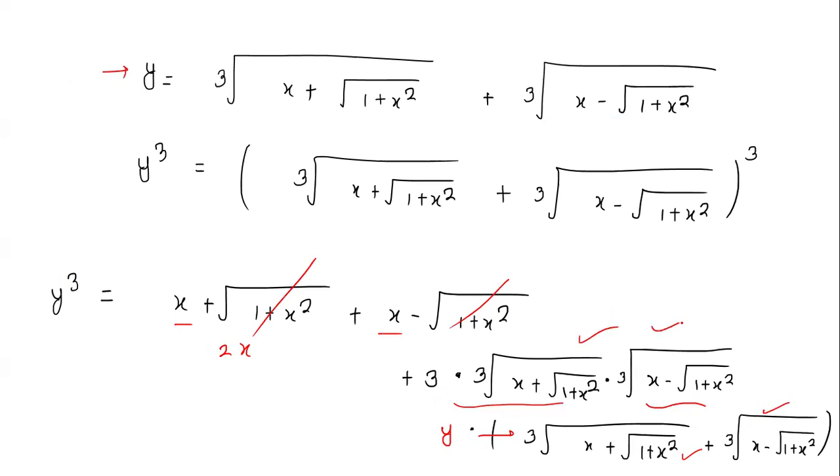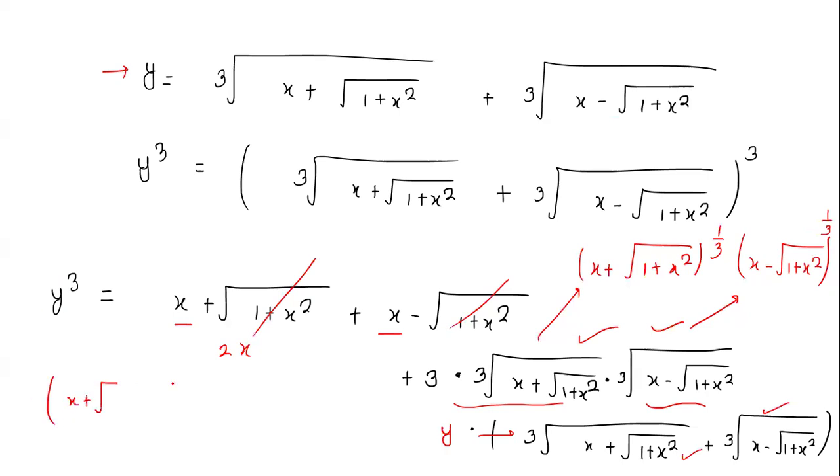Now we have this product. So you see, this expression I can write as x plus root of 1 plus x square power 1 by 3, and this expression I can write as x minus root of 1 plus x square power 1 by 3. Now this you can also write as the product of these inside, whole power 1 by 3.